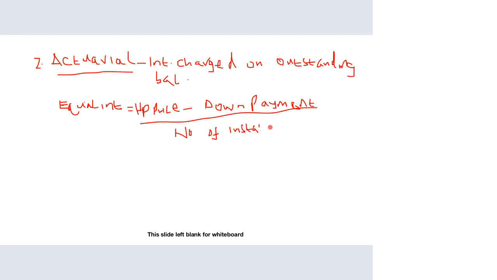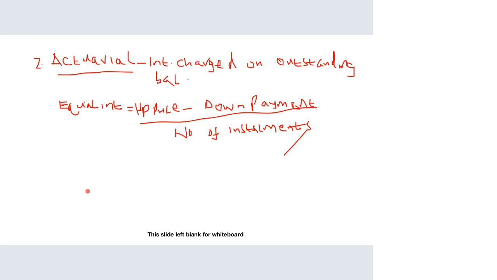So that is, if we have equal installments, you take the hire purchase price minus the down payment, divide by the number of installments.